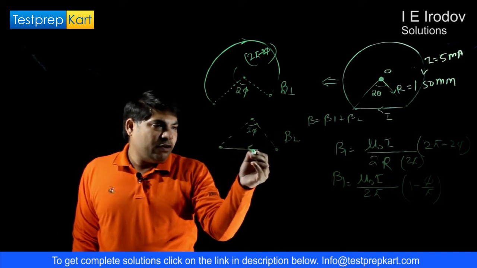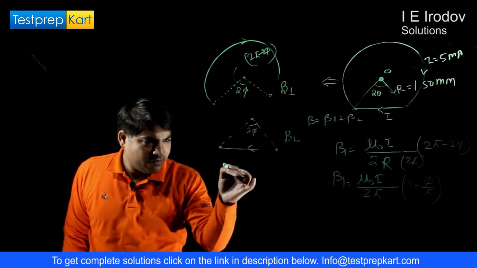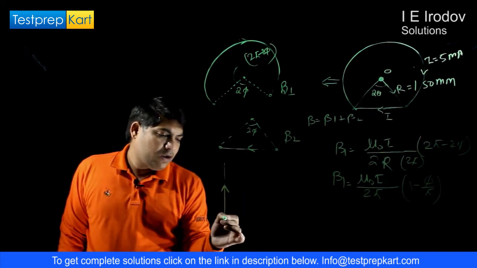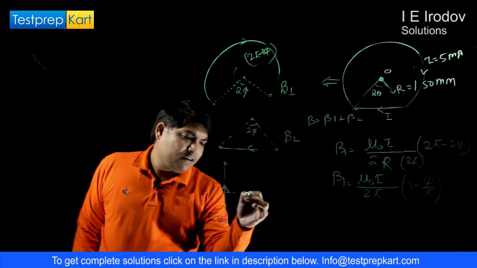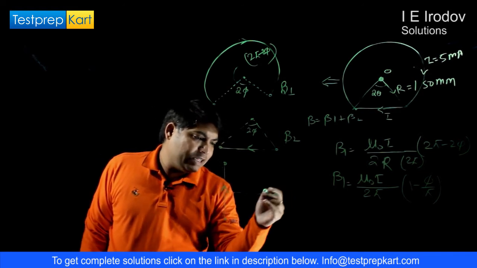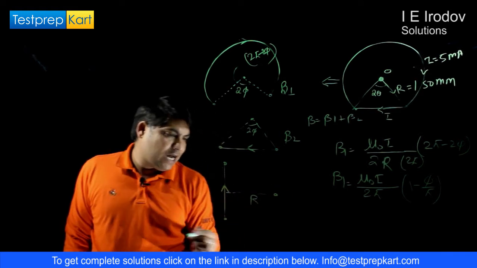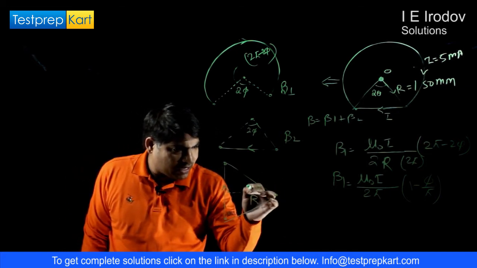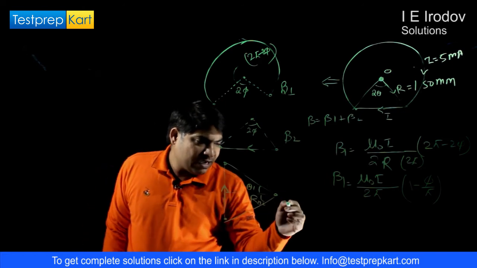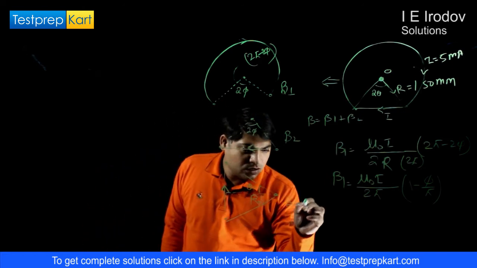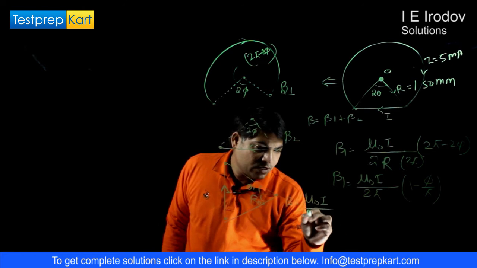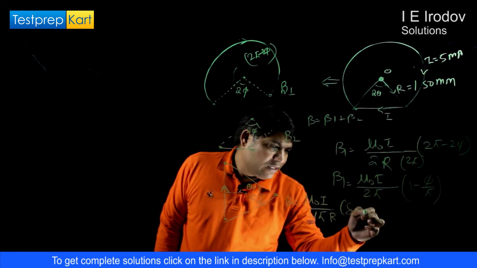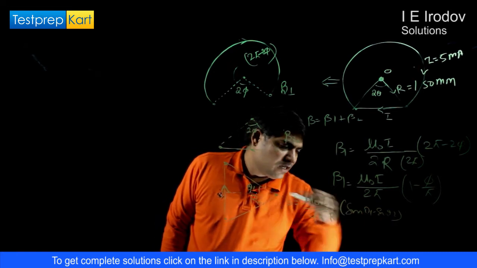Now, if we look at this straight conductor, then we need to recall the finding of the Biot-Savart law: the magnetic field due to a definite length conductor, which is at distance r and making angles theta 1 and theta 2, is mu naught I upon 4 pi r into sine theta 1 minus sine theta 2.